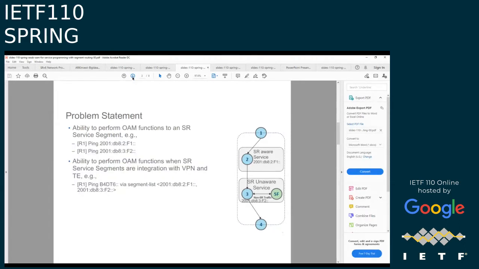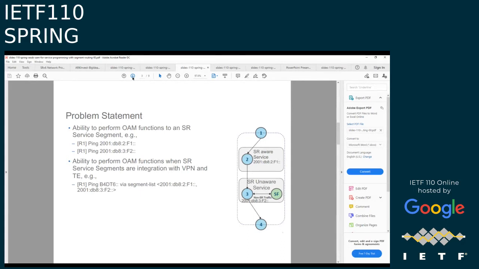So we're going to do two types of O&M walk. One is when the UUT is node number 1, and we're trying to ping an SR aware service on node number 2. We call it function 1, hosted at node number 2.